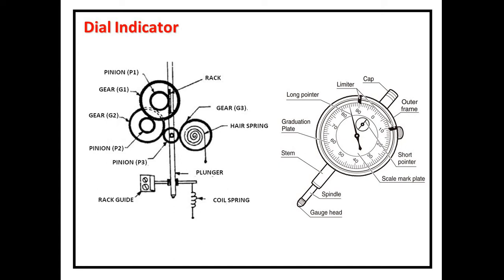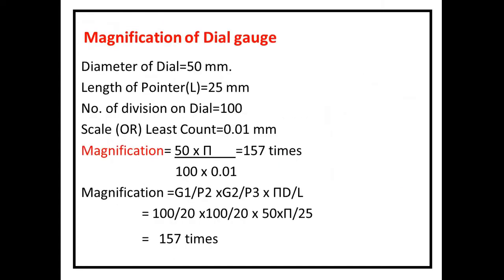You can calculate the magnification of the dial gauge if you know these parameters: diameter of the dial, length of the pointer, number of divisions, least count. From this data you can easily find out the magnification factor.